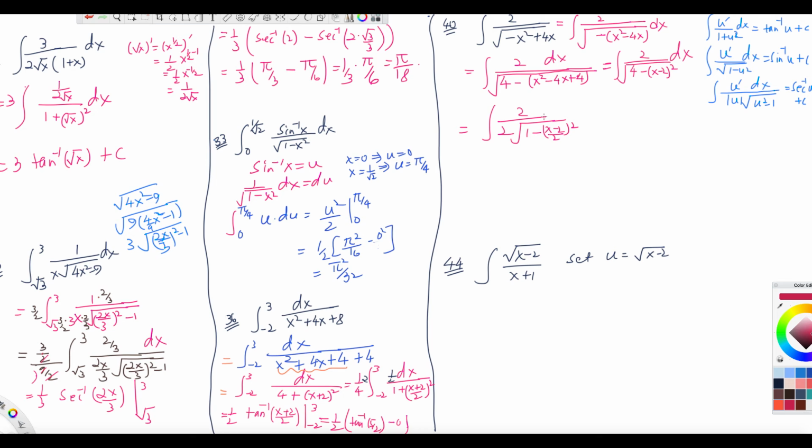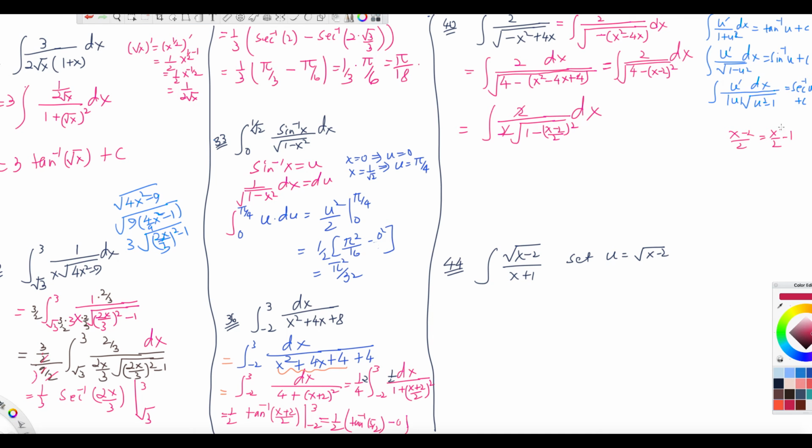That square is for everything, right? So that 2 and 2 cancel out, dx. Now think of this: it is like the root of 1 minus u squared, so you need u prime. What is u prime? What is the derivative of x minus 2 over 2? x minus 2 over 2 can be written as x over 2 minus 1, right?